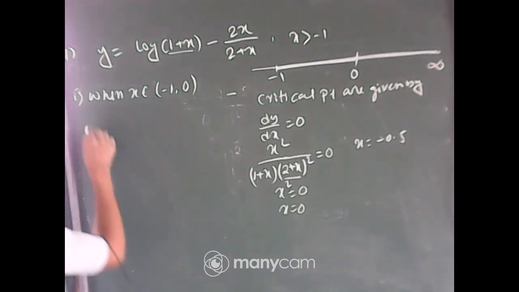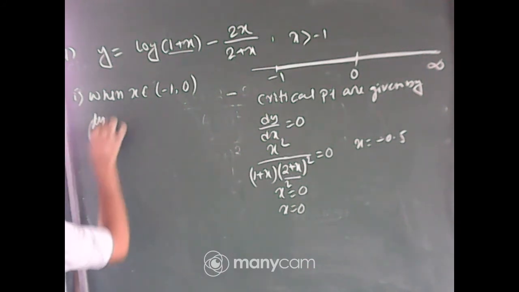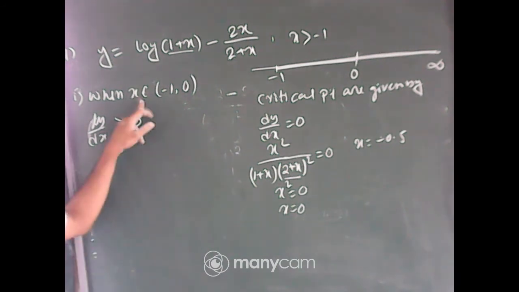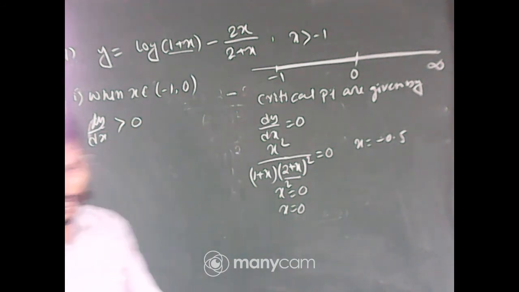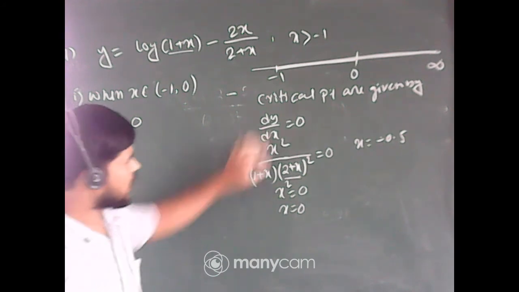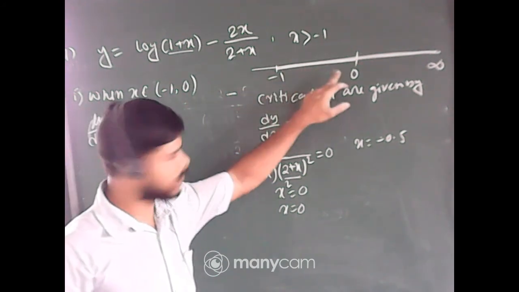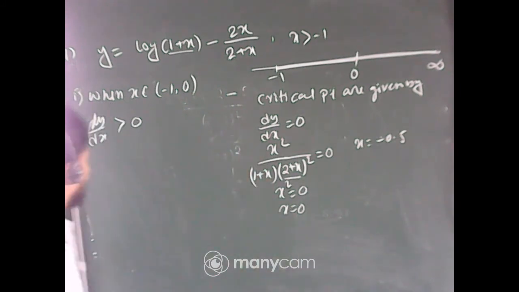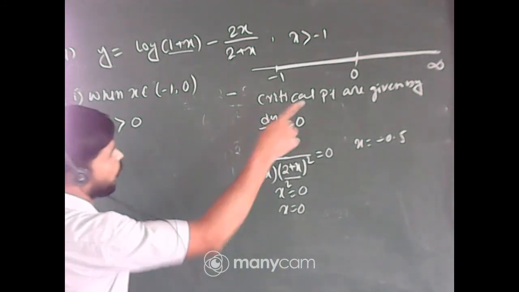That means dy/dx is greater than 0 when x is lying between -1 to 0. Have you understood this one or not? If x is any point lying between here, the value of f dash x will be greater than 0. Okay, very good.